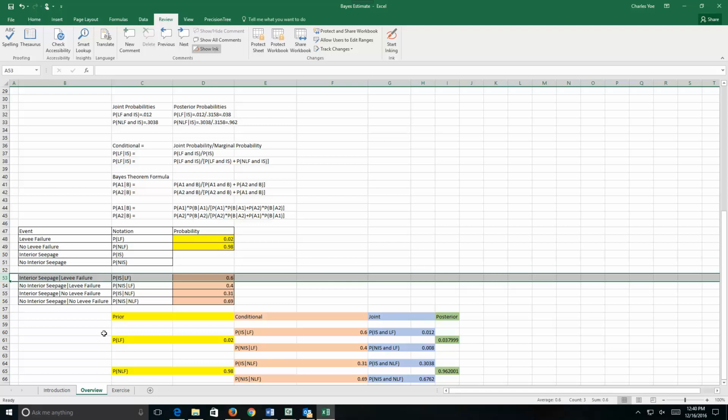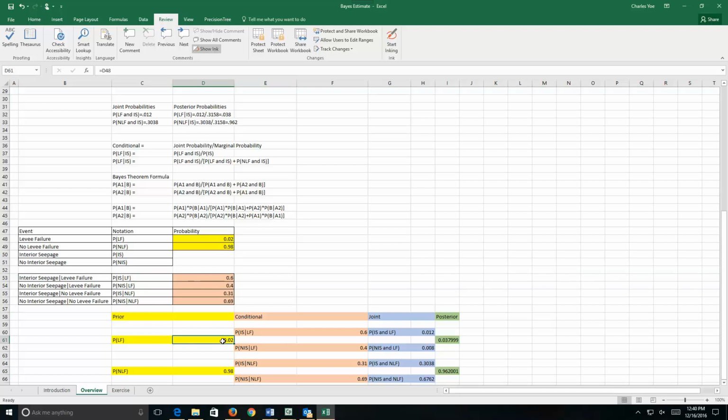What you may or may not find useful here, if you click into any one of these cells, for example D61, if you look up into the formula bar here, you'll see that's referencing a value in the table. You can look at all the formulas, they are all referencing calculations, so that you could change any of these values here. We could change this from a 0.02 to a 0.05.